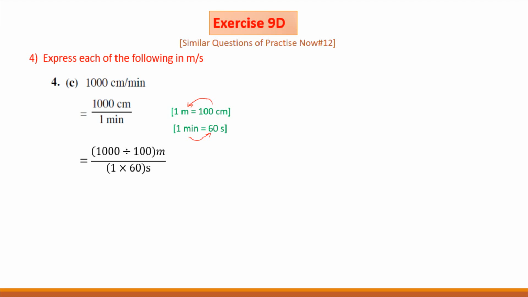Divide by 1 multiply 60. The answer will be in seconds. Now 1000 divided by 100, that is 10, and 1 into 60 is 60. We can simplify it over here. So our answer will be 1 over 6 meter per second. So that is the answer of part C.